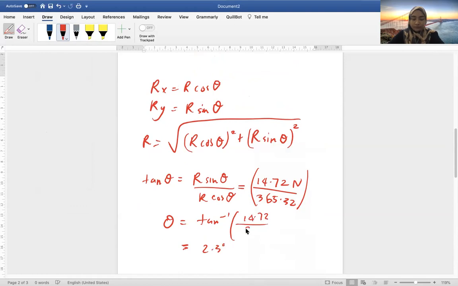Okay. So that is how you do it. If they ask you to solve for R, it is something something Newton. Always include your units. Then the angle for R is 2.3 from the x-axis, because your equation always refers to the x-axis. This type of solving for theta refers to the x-axis.